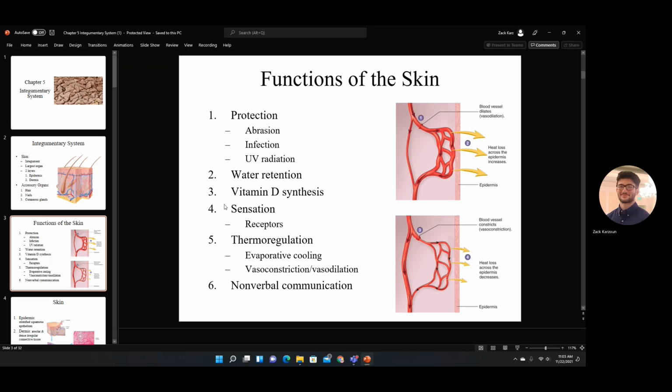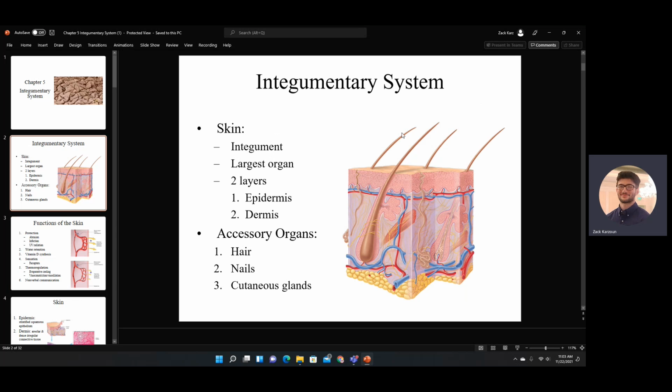Number five, thermoregulation. This is probably hugely important. Thermoregulation is pretty much where we can use our skin to cool ourselves, right? As I mentioned right up here, these hair cells actually have a very important function.